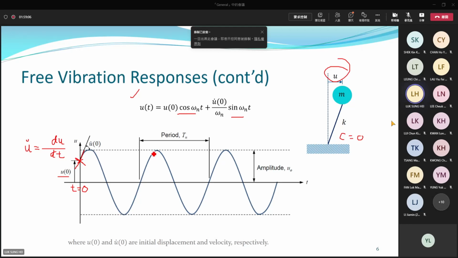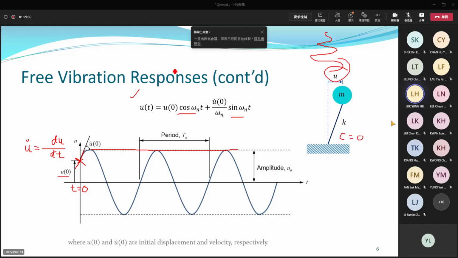And you observe one interesting thing: the vibration amplitude remains unchanged, remains a constant. Why do we have this property? Based on our previous discussion, when the system oscillates, the vibration amplitude should reduce as time goes on and finally come to rest.